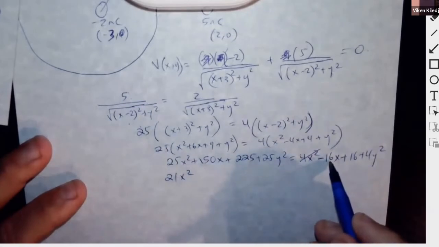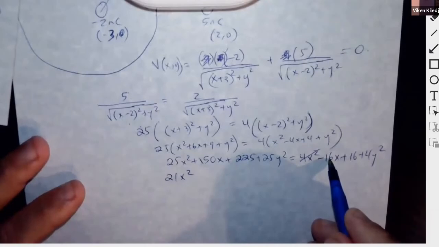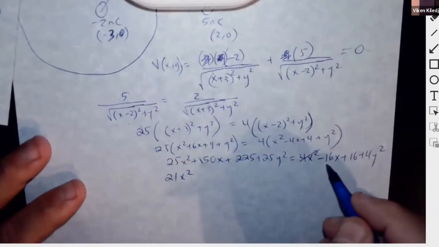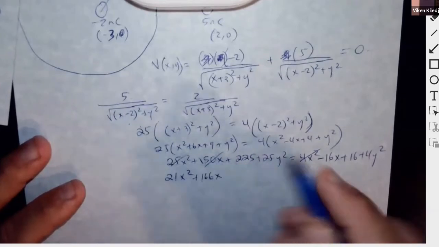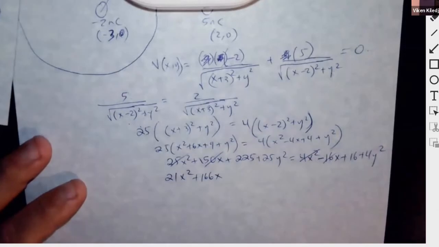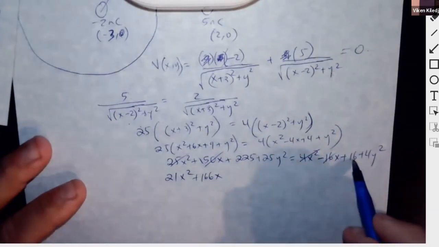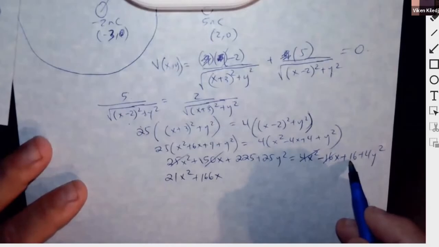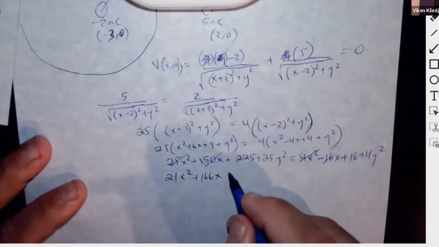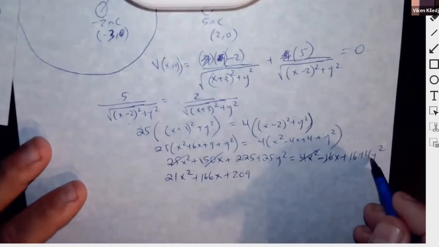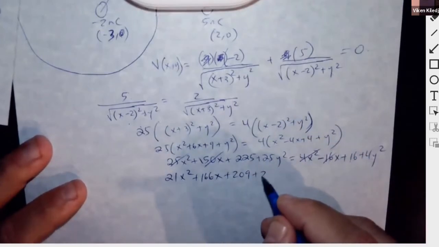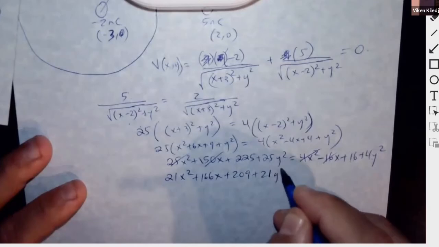Then add 16x to this side, so 166x. 225 minus 16, that's going to be 209. 25 minus 4, 21. 21y squared.